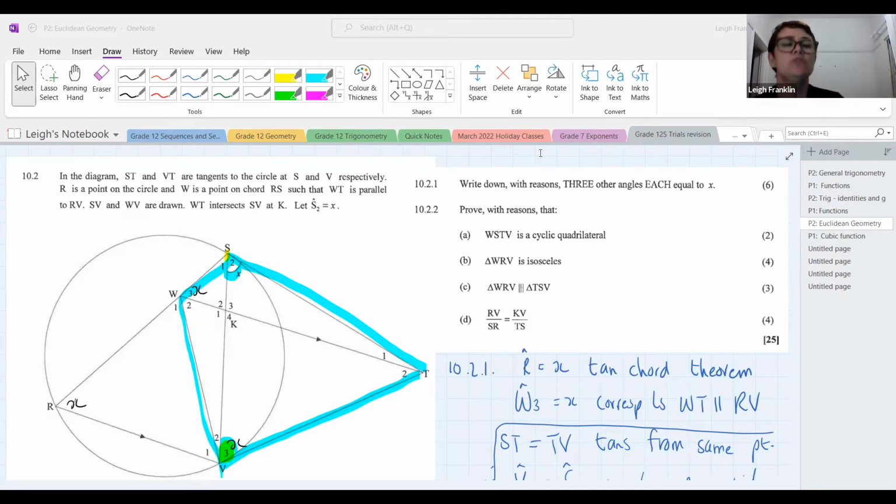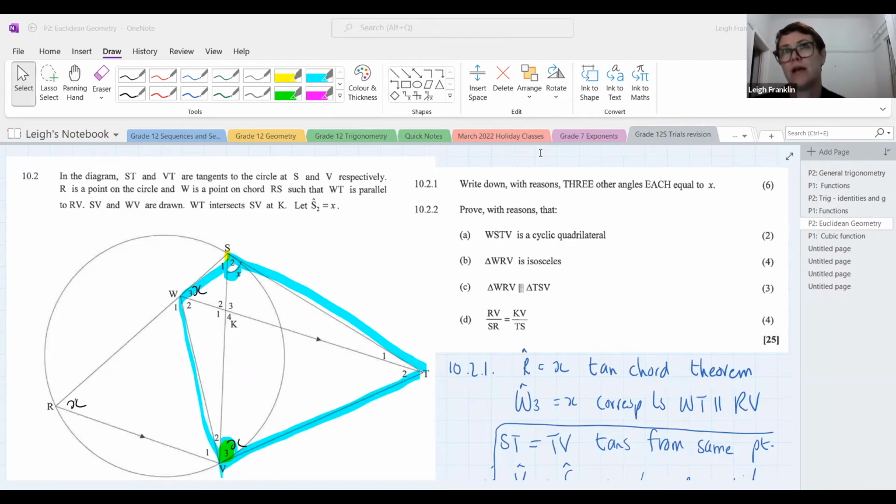Okay, so 10.2.1 leads to 10.2.2. So the fact that you have written down 3 angles each equal to x is what is helping you in the next part of the story. So have a look at what you have proved is equal to x. Which 2 things are both equal to x?